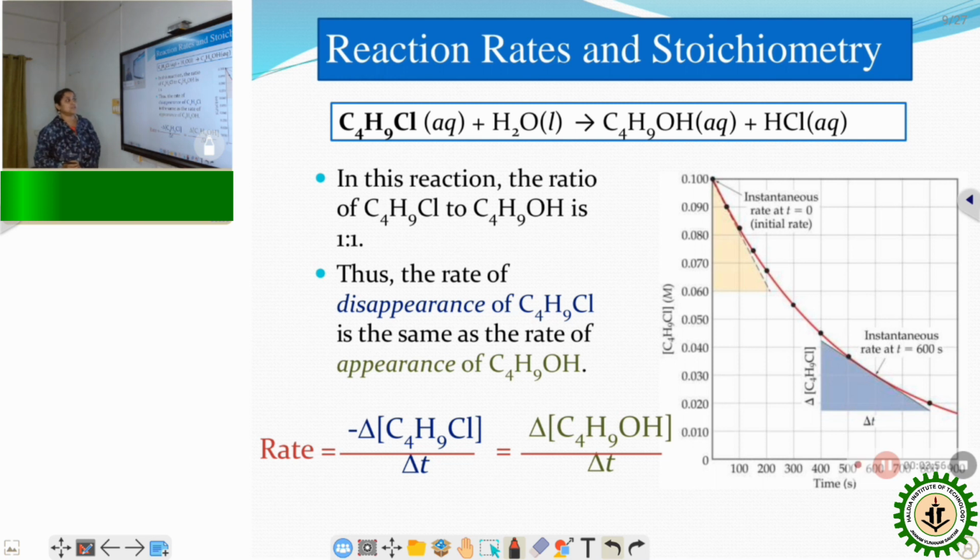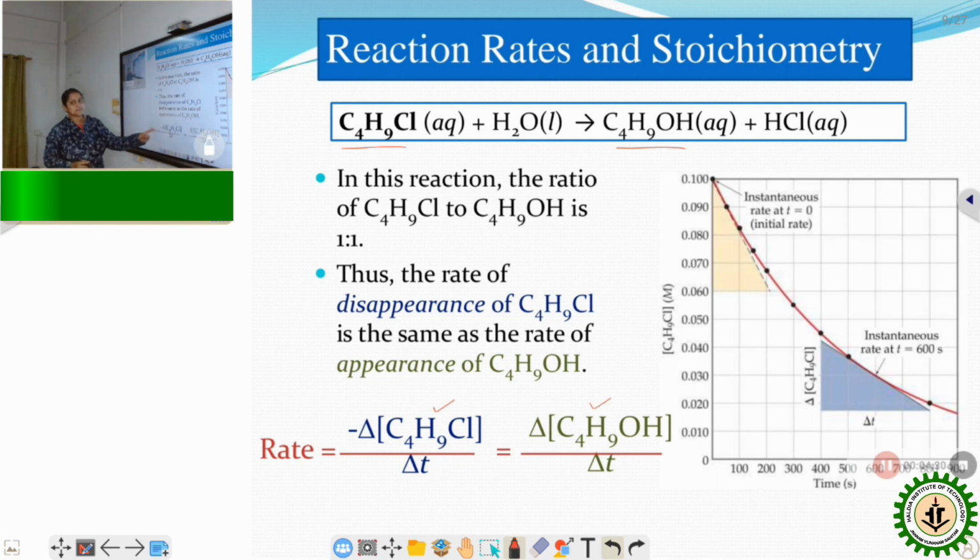Also, we can represent the rate of a reaction in terms of the product concentration. As the reaction goes on, there is a decrease of concentration of the reactant molecule, as well as an increase of concentration of the product molecule. So the rate of any reaction can be represented as the decreasing concentration of the reactant molecule or the increasing concentration of the product molecule.